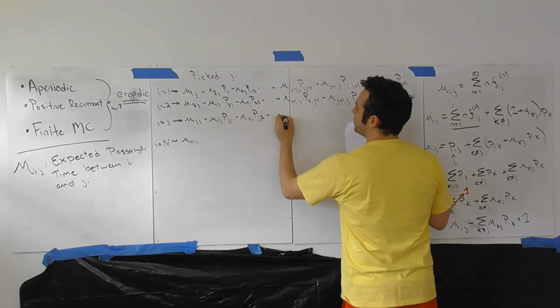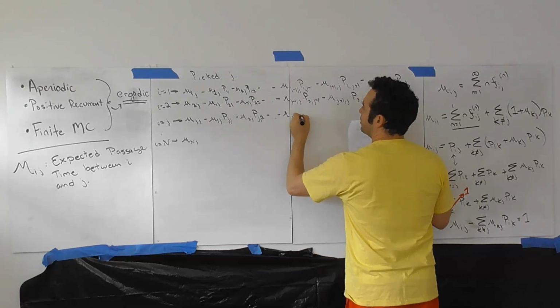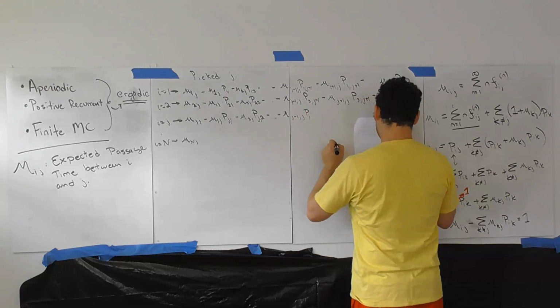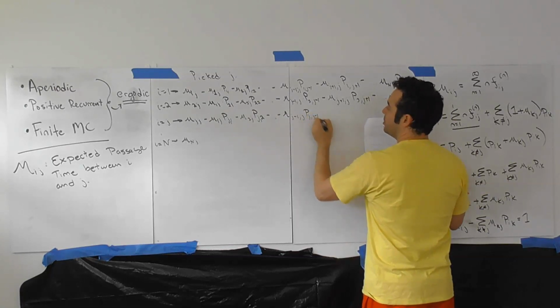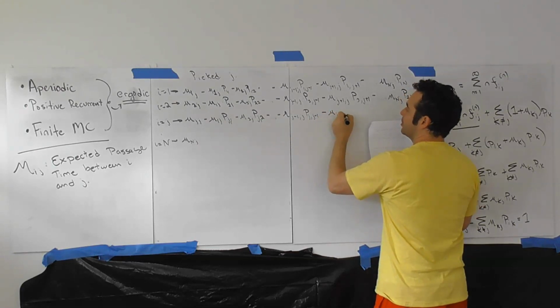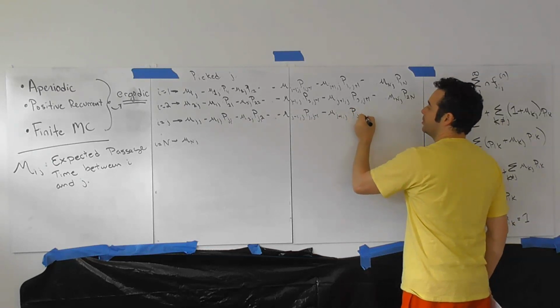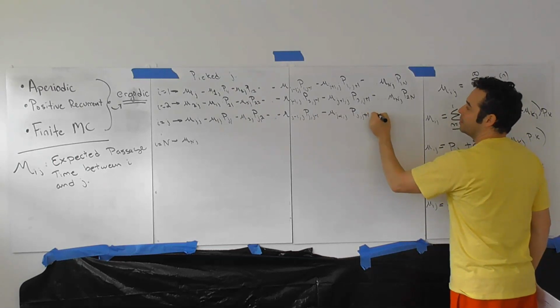Again, subtract a bunch of stuff. pj to j minus 1. pj to j plus 1.